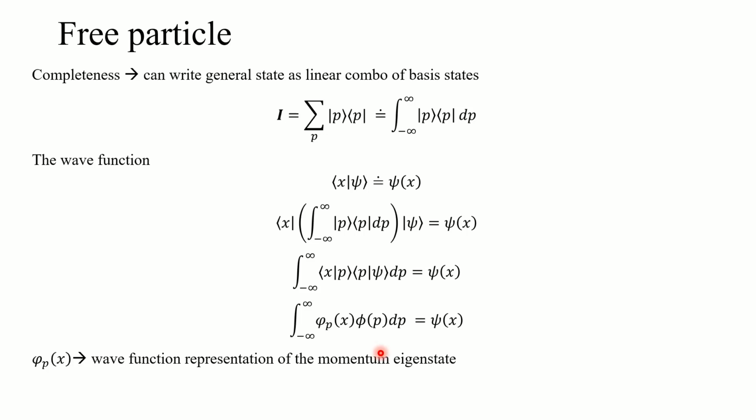So again, because these are different and there are a lot of places where this can lead to confusion, this function here is the wave function, or position representation, of a given momentum eigenstate. This function is the momentum space wave function.